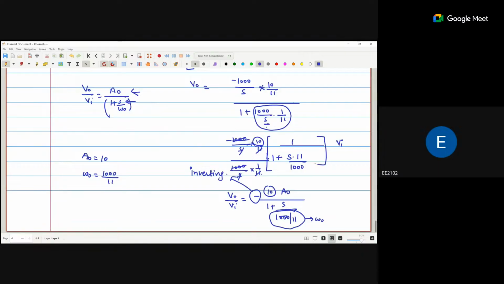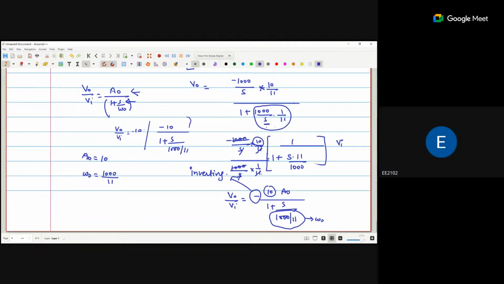Okay. So you can see in the case of a non-ideal amplifier, V naught upon Vi is simply minus 10 upon 1 plus S upon 1000, divided by 11.